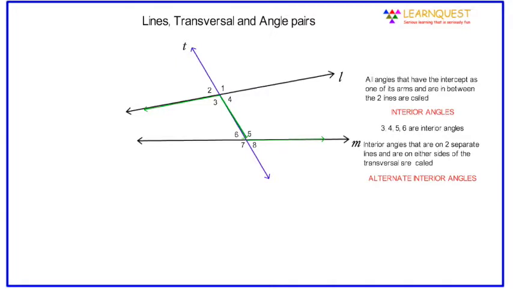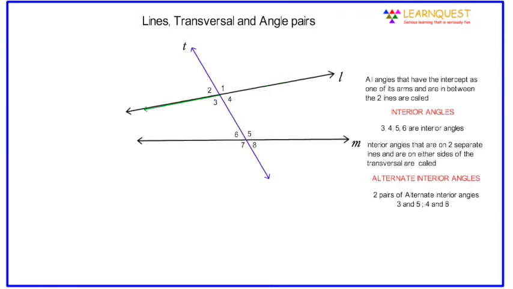In our figure, there is one more pair of alternate interior angles. Can you find out? Angle 4 and 6 also form a pair of alternate interior angles. So when a pair of lines is cut by a transversal, we get two pairs of alternate interior angles. In our figure, they are angle 3 and 5 and angle 4 and 6.